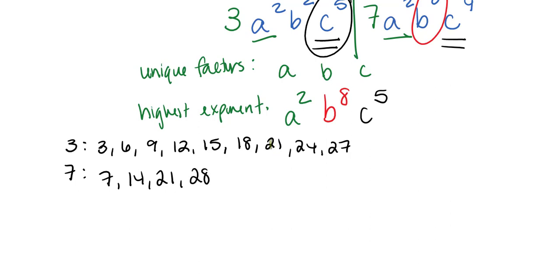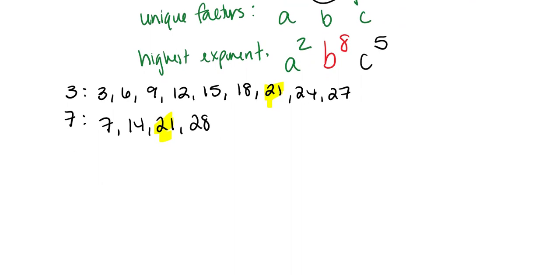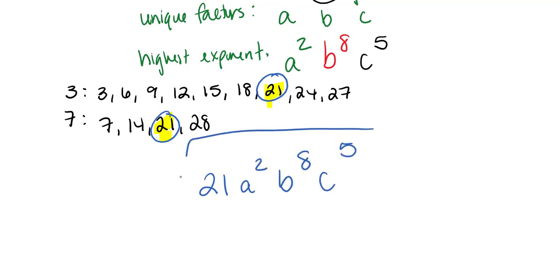We notice that 21 is going to be our least common multiple between these two numbers. So what's our answer? Well, we're going to take 21, so 21 a squared, b to the 8th, c to the 5th. That was so bad, I'm going to rewrite that. c to the 5th. And that's our solution.